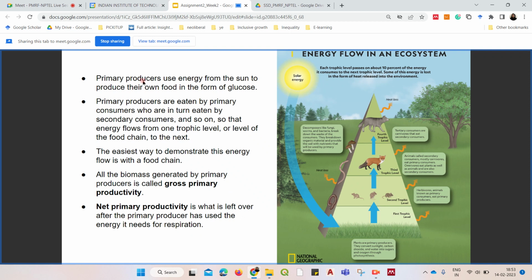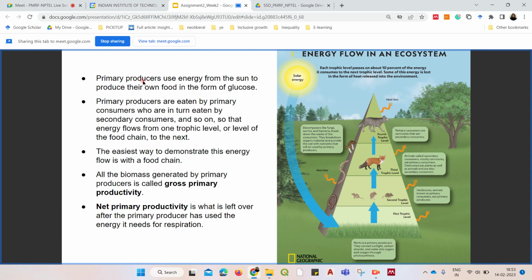They convert that energy and store it, producing their own food from it in the form of glucose, which is stored in those plants or primary producers, and then further used by organisms in different trophic levels.